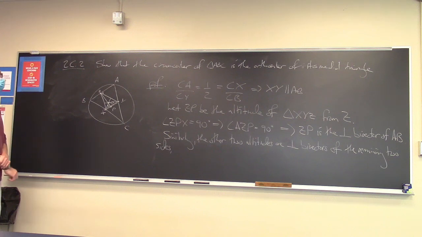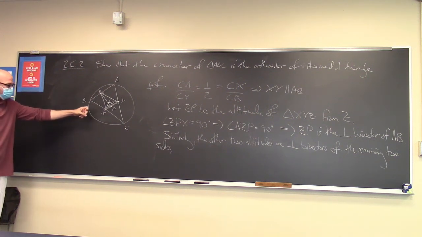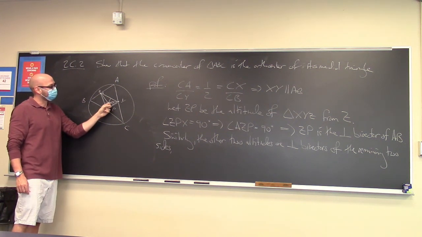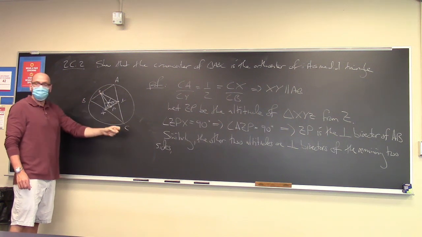So their point of intersection, which by definition is the orthocenter of the medial triangle, is also the circumcenter of ABC.